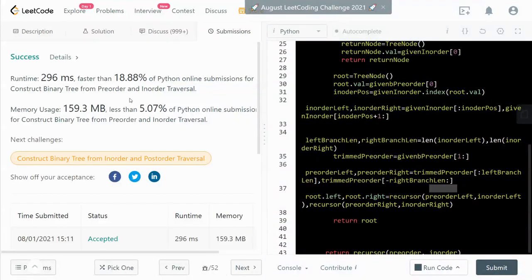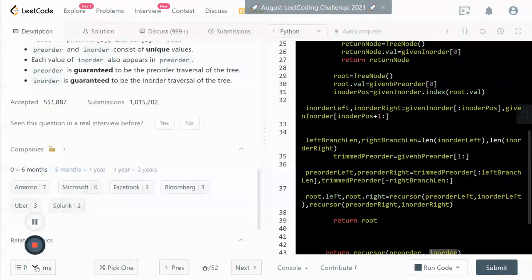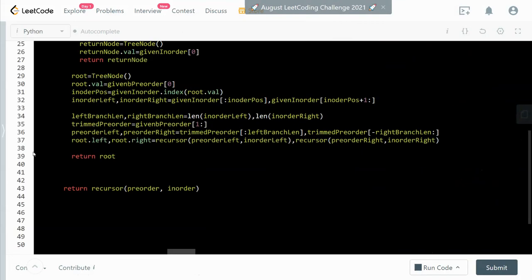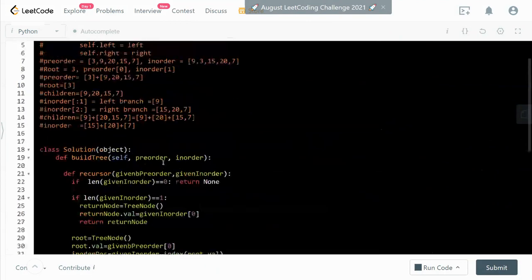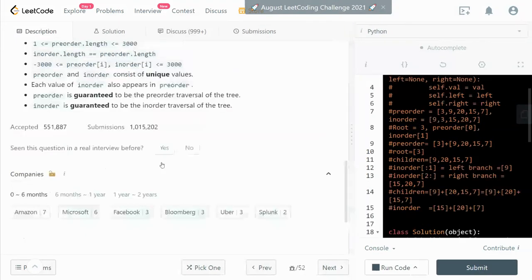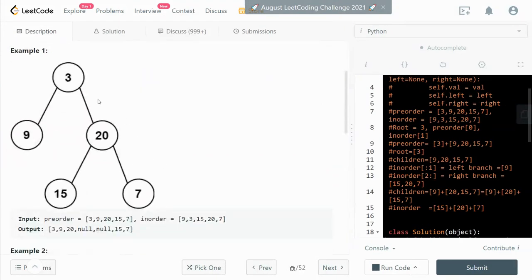And in terms of time complexity, it's big O of n because we are traversing all the possible nodes in the tree. In terms of space complexity, it's also big O of n.